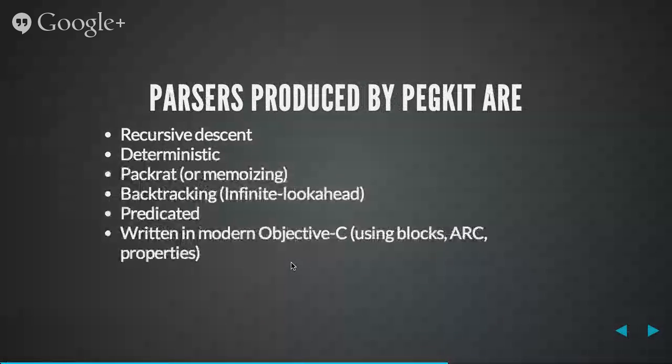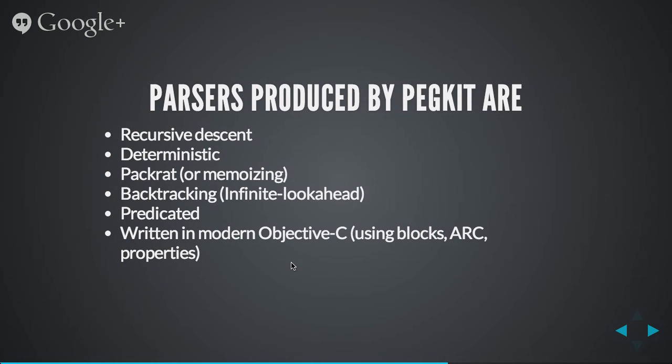We talked about this a little bit. The parsers are recursive descent, so it goes from top to bottom, and when you hit a rule, it goes down the rabbit hole of that rule and then comes back up, like traversing the tree of values.